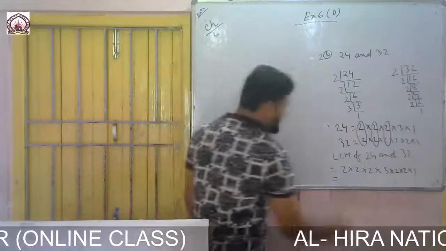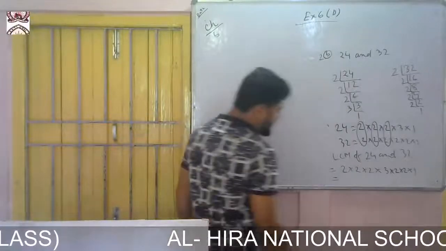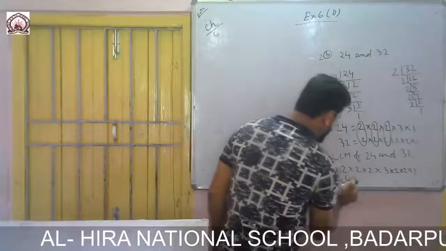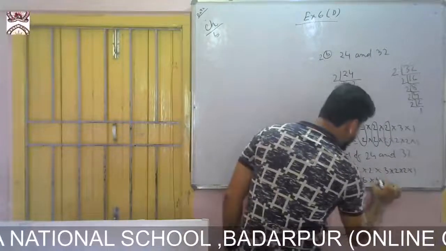Now you check from there. 2 2s are 4 into 2 2s are 4 into 2 3s are 6 into again 2 2s are 4.